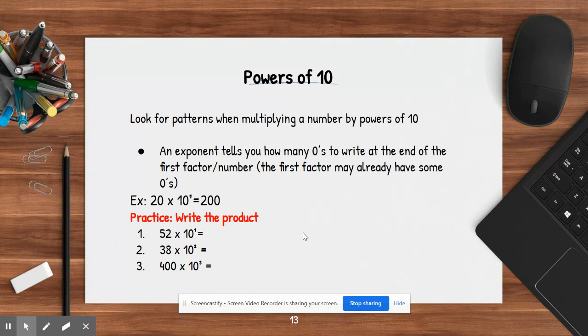Just go to this side, Allie. Okay. I'll help you. Over here. So, right there, times 2 times 10. 400 times 10 to the power 3.